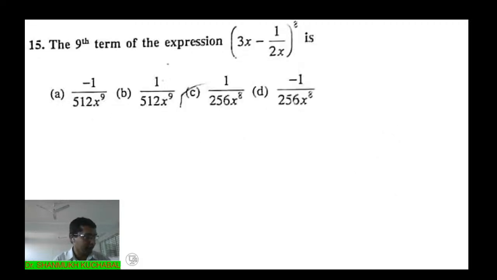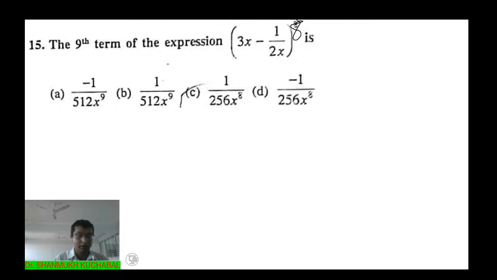Example number 15. The ninth term of the expansion of (3x minus 1 upon 2x) raised to 8. So we have to calculate the ninth term.